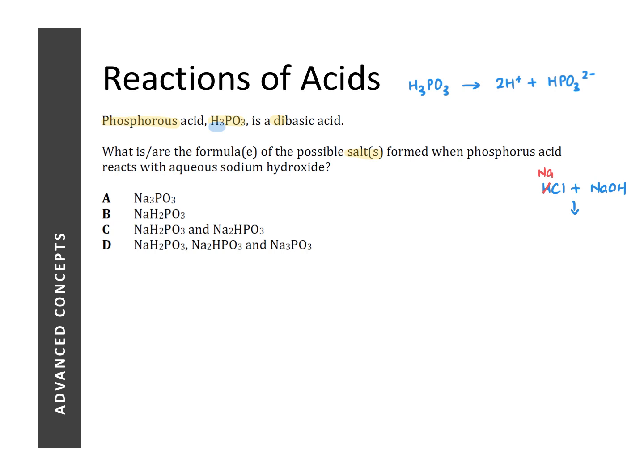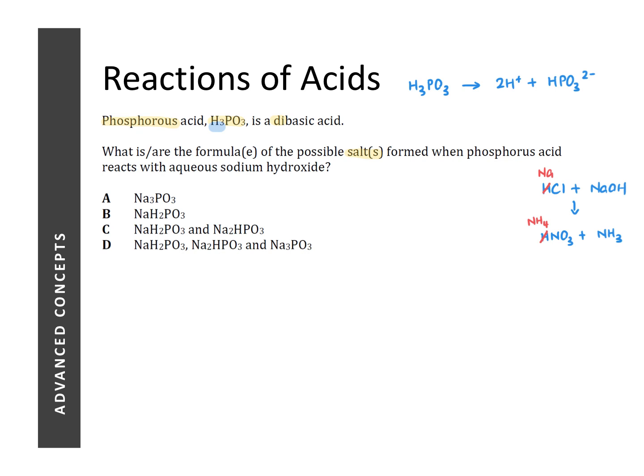Another example would be this: if we are looking at nitric acid reacting with ammonia, the salt that is formed can be obtained by replacing the hydrogen ion with the metal ion. In this case, we are looking at ammonia, so it's to replace it with the ammonium ion. So the salt formed is ammonium nitrate.